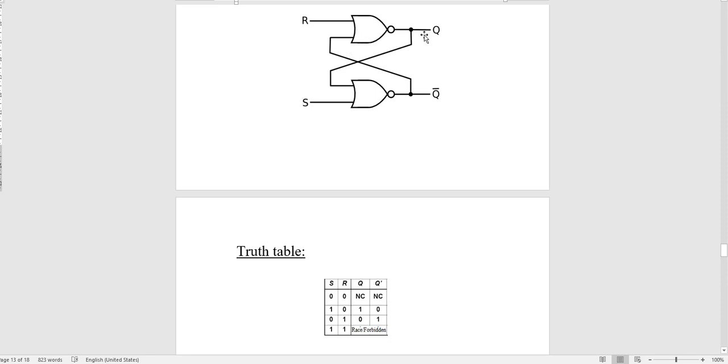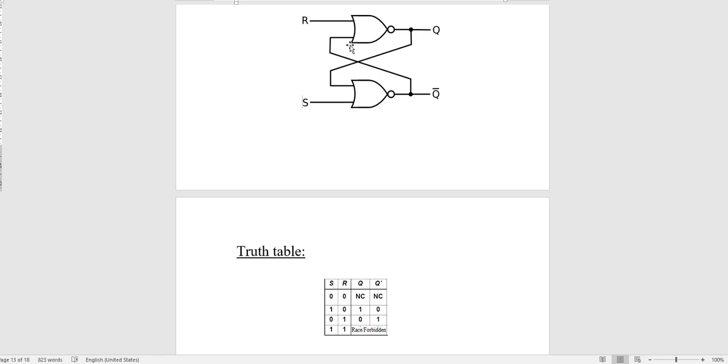If we have 0, 0 as input to a NOR gate, the output is 1. So your Q will be 1, and if any input is 1, then the output is 0, so here it will be 0. So this is the second condition, in which we have checked the output when input S is 1 and R is 0. This condition is called the set condition, and in this condition your circuit will be latched.